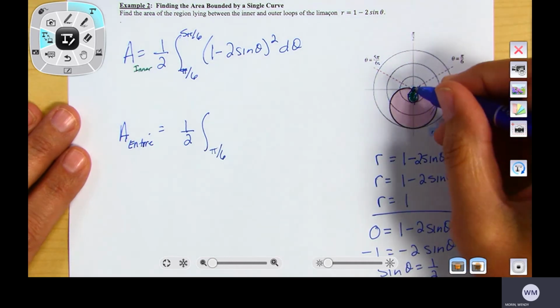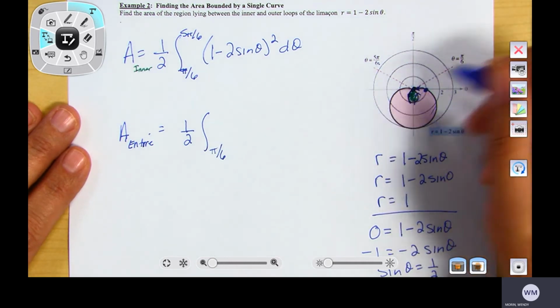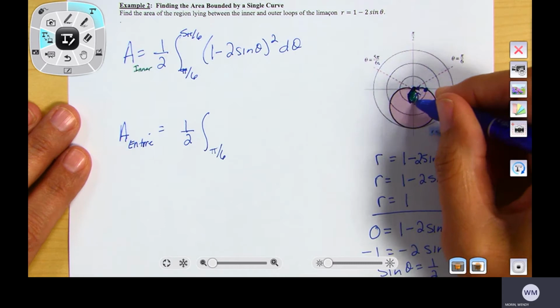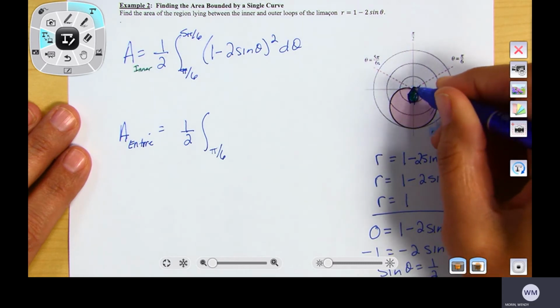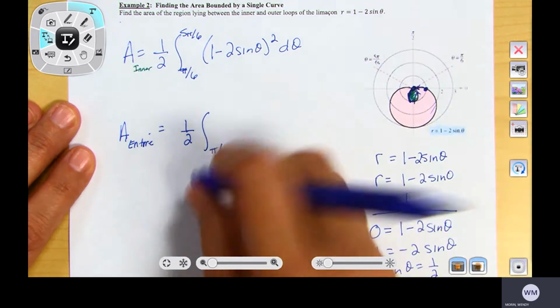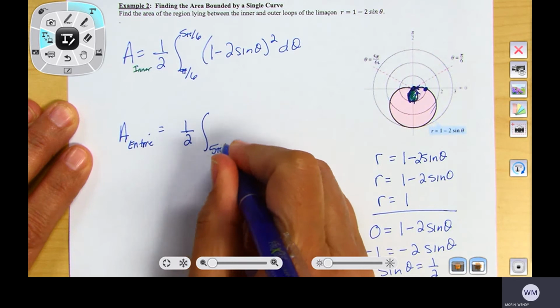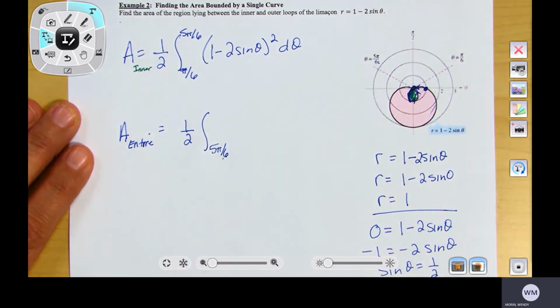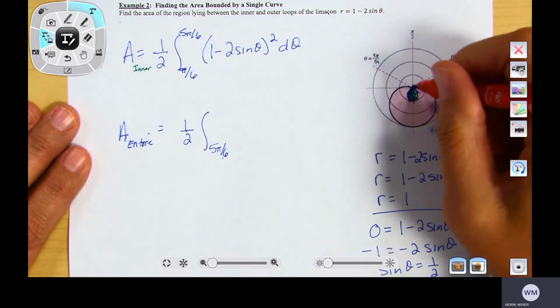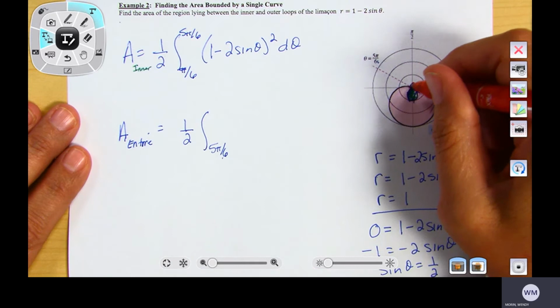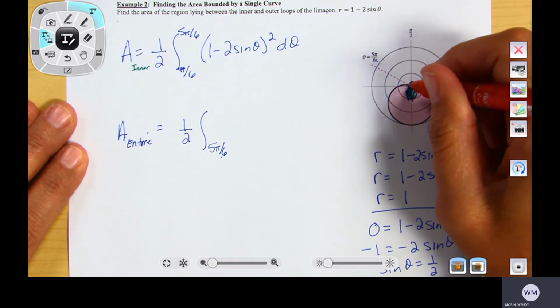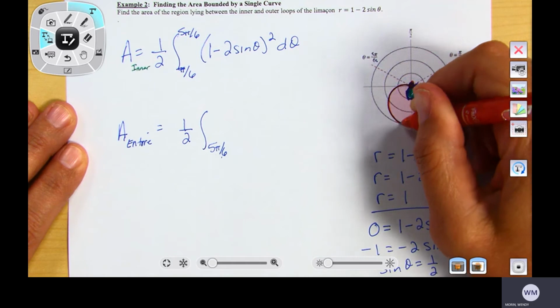I'm sorry, yeah, this inner loop right here, this is pi over 6 to 5 pi over 6. So what I want to do is I want to use the 5 pi over 6, not the pi over 6. Because when I get to the 5 pi over 6, I'm right here. And then I'm going to go all the way around.